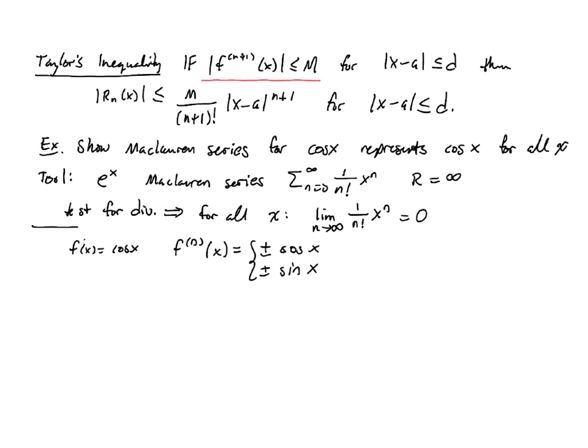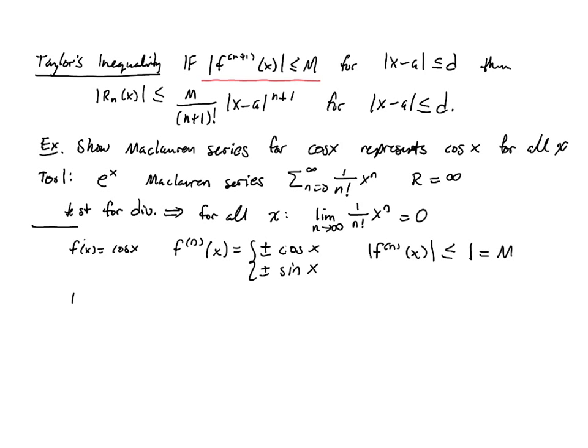We know that when we take derivatives of sine and cosine, we just keep getting plus or minus sines and cosines back. And so we get to conclude that the absolute value of the nth derivative of this function is always less than or equal to 1, because plus or minus cosine and plus or minus sine are always bounded between 1 and minus 1. And so this is the value we use in Taylor's inequality.